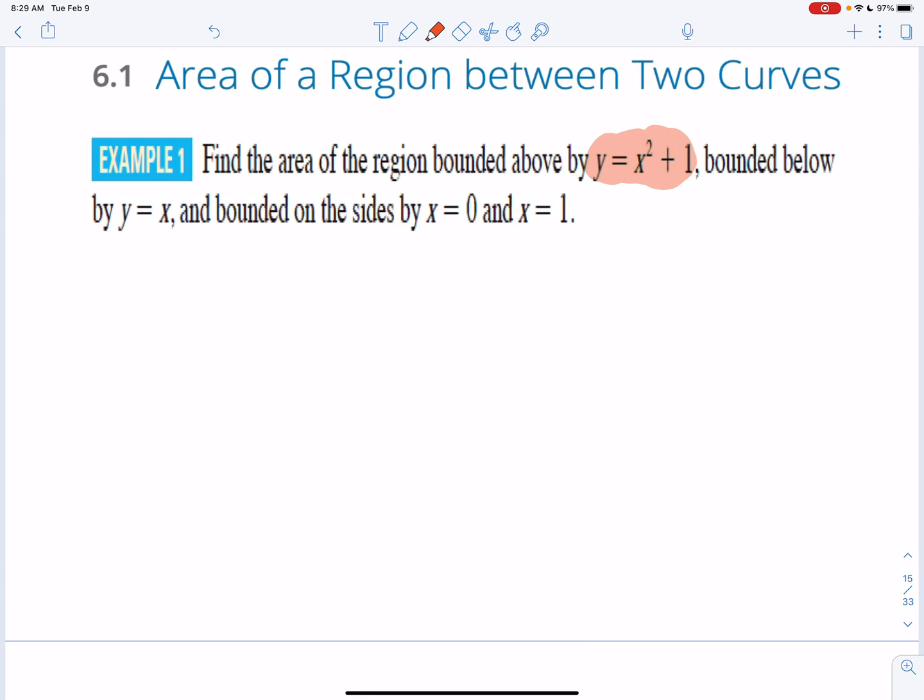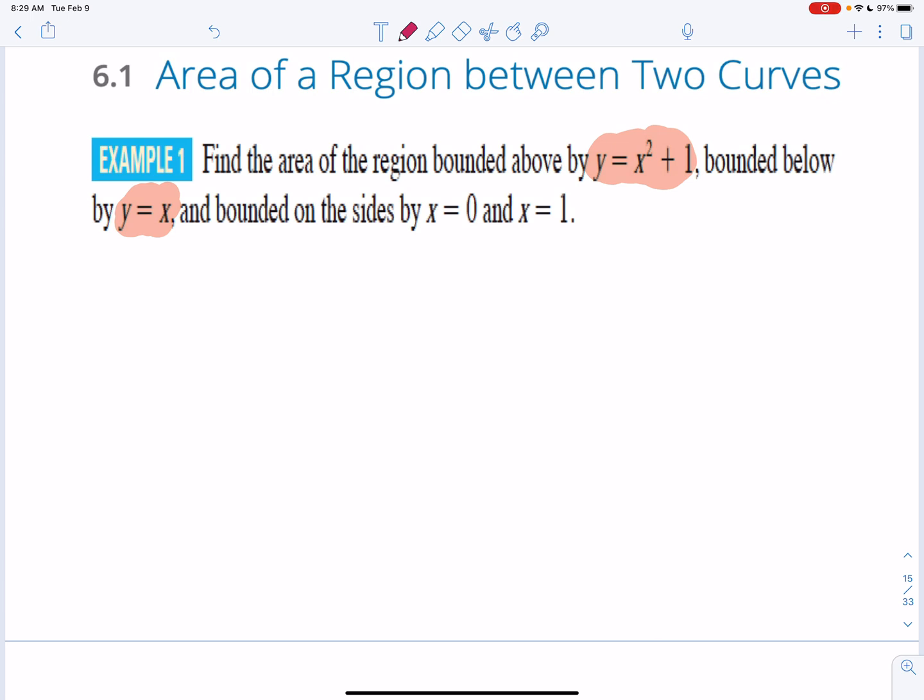Okay, here we have y equals x squared plus 1 and y equals x. Now if you take a look at those 2 functions, you got to ask yourself, can I sketch these by hand? Okay, now these functions are simple enough to graph by hand.